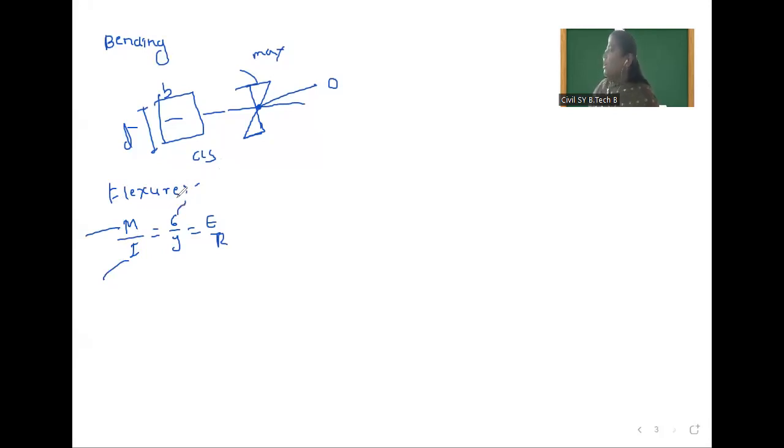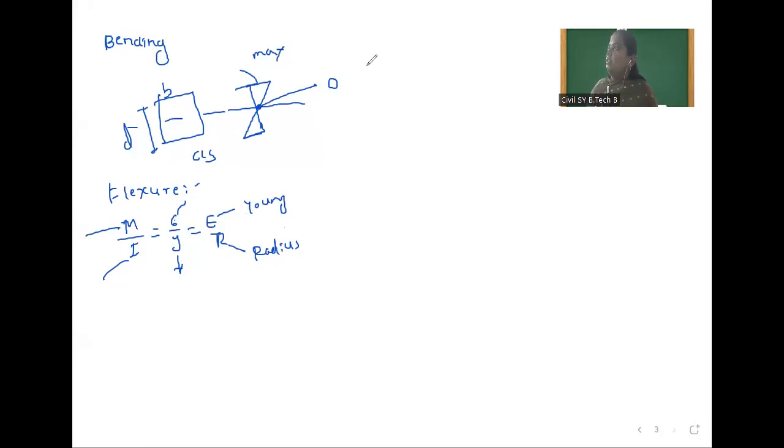If there is a moment at that time, sigma is stress; if moment of resistance, then the stress is strength. This y is the location of stress. E is Young's modulus, and last, R is radius of curvature. Okay, and we have solved numericals on this bending equation.